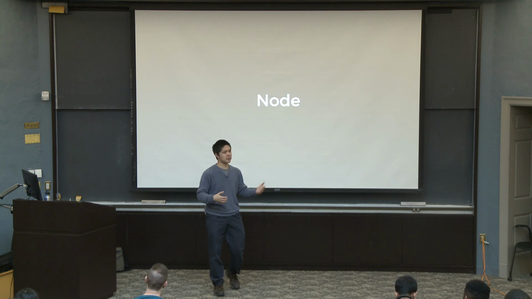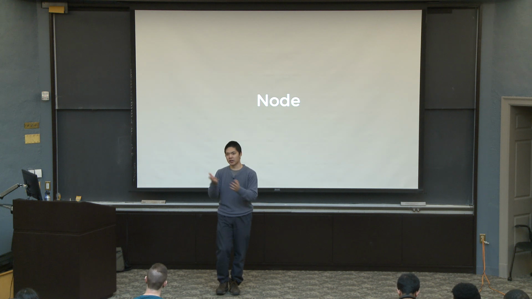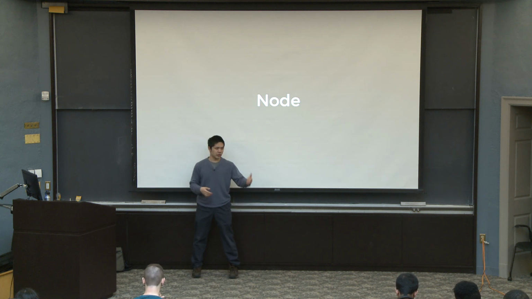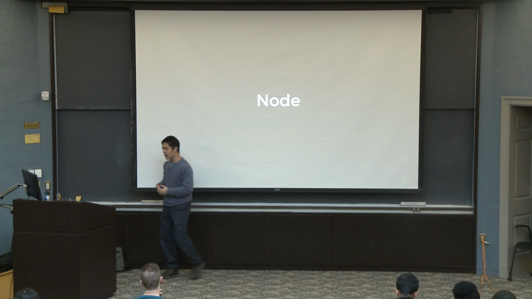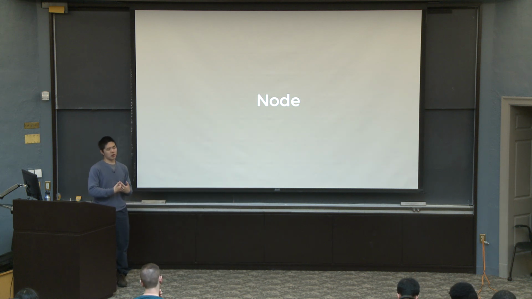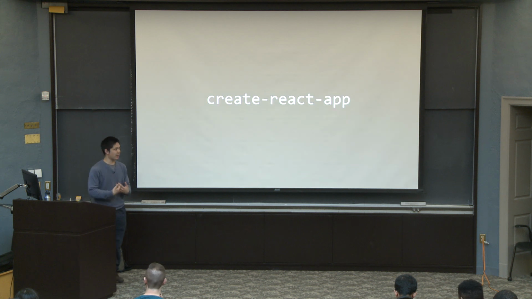You can use JavaScript on the server in addition to using it just on the client. But if you install Node.js onto your computer, you can then get access to a program called NPM, the Node Package Manager. And there's a particular package called Create React App, which is going to build for you a React app that has a lot of useful scripts and tools that are already built into it.